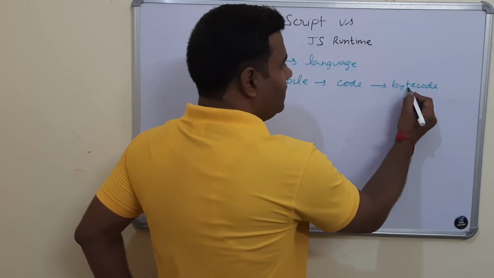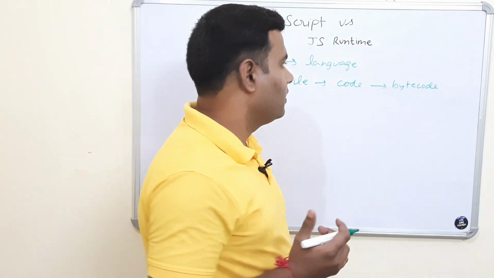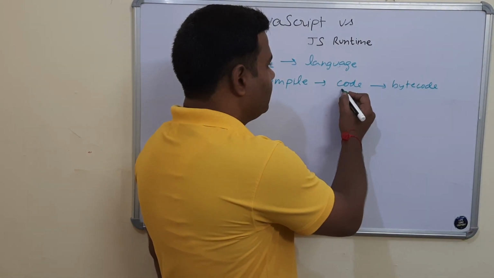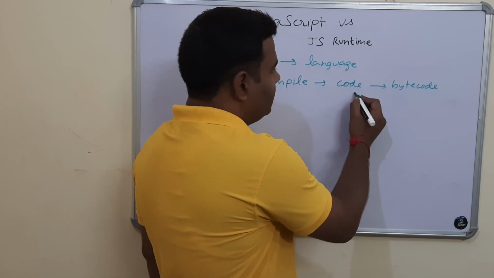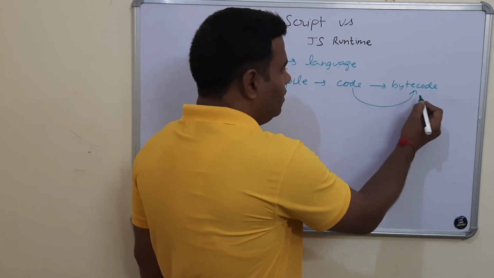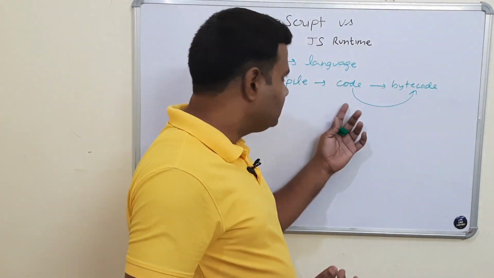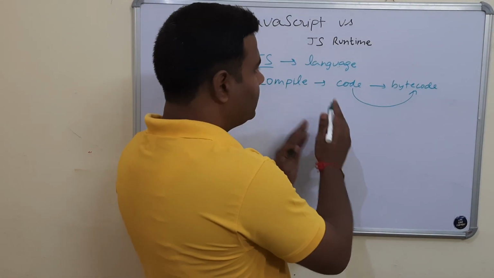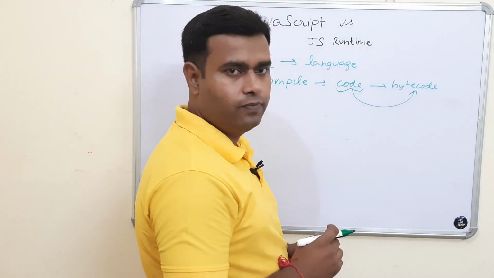That means in 0 and 1 type of code. This transformation from code to byte code has multiple stages, but that's a topic of some other video. In short, you can consider that whatever code you write will turn into the byte code.